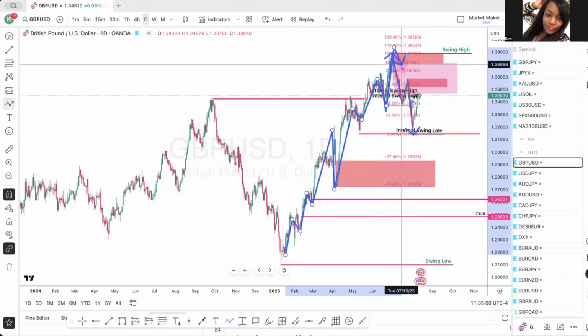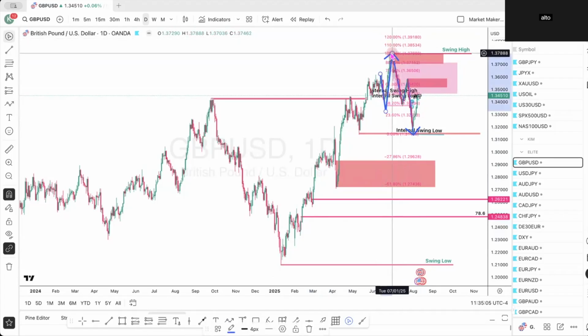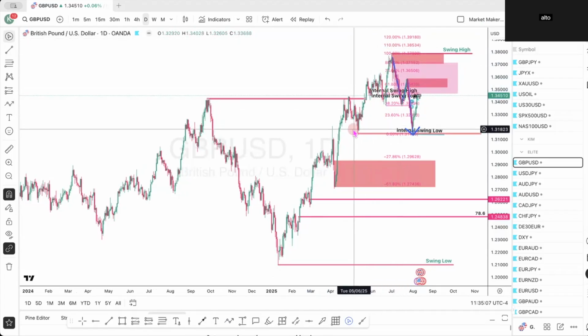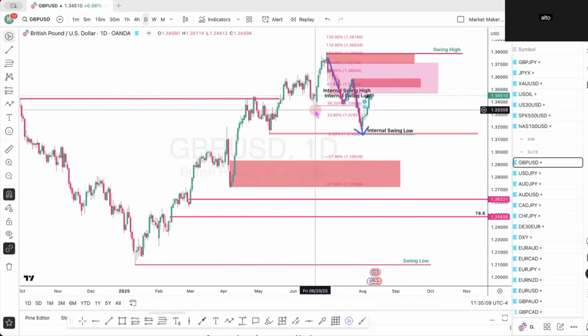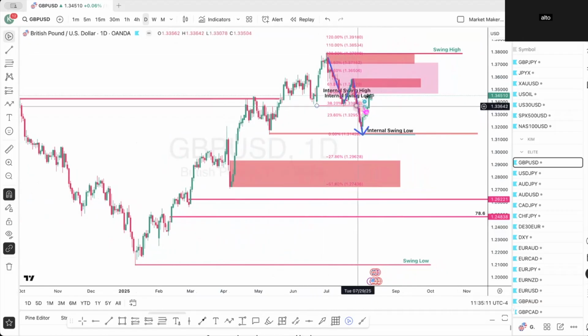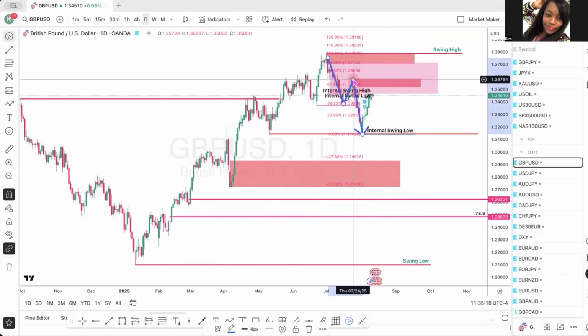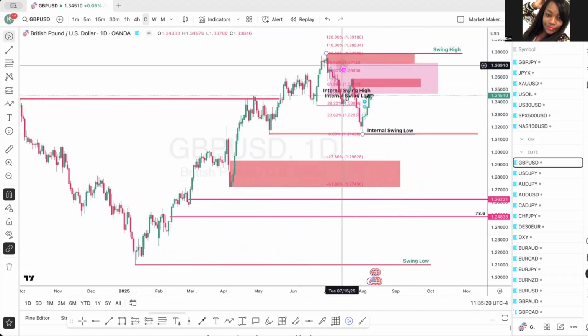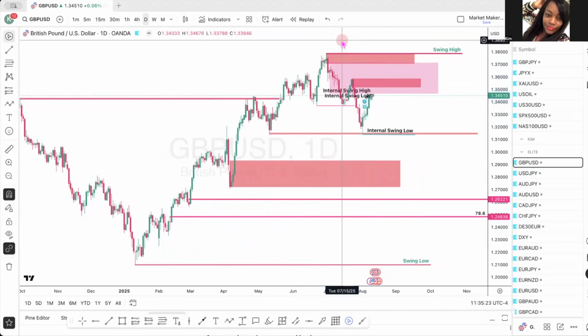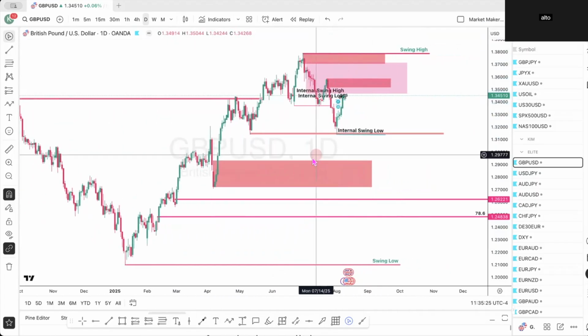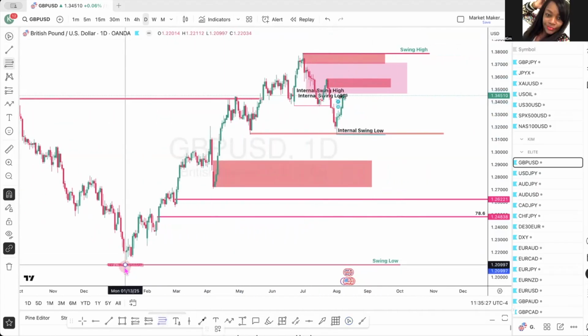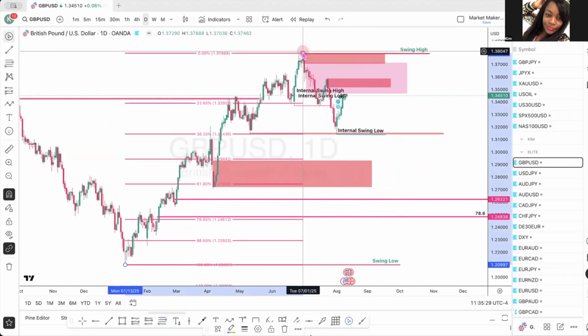So when you fib it, I guess you fib it from the 100 level down for that, and then you would take profits below the zero. Once I got the shift in structure, then you can fib the down move. There's going to be two fibs. There's going to be one from this low up to this high, now that price has shifted structure.